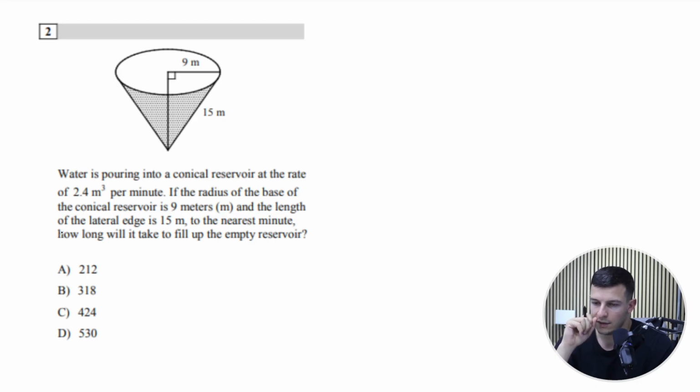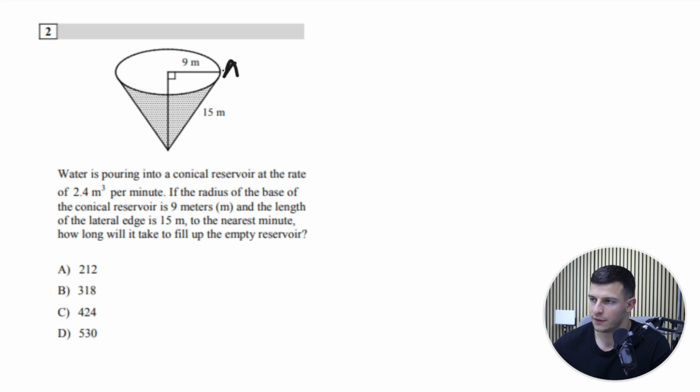Now, since we're talking about filling it up, I'm guessing this is more of a volume question, but let's see. What do we know? We don't know the height. We know the lateral edge is 15 and the radius is 9, which means we can find the height. That would be a good place to start.